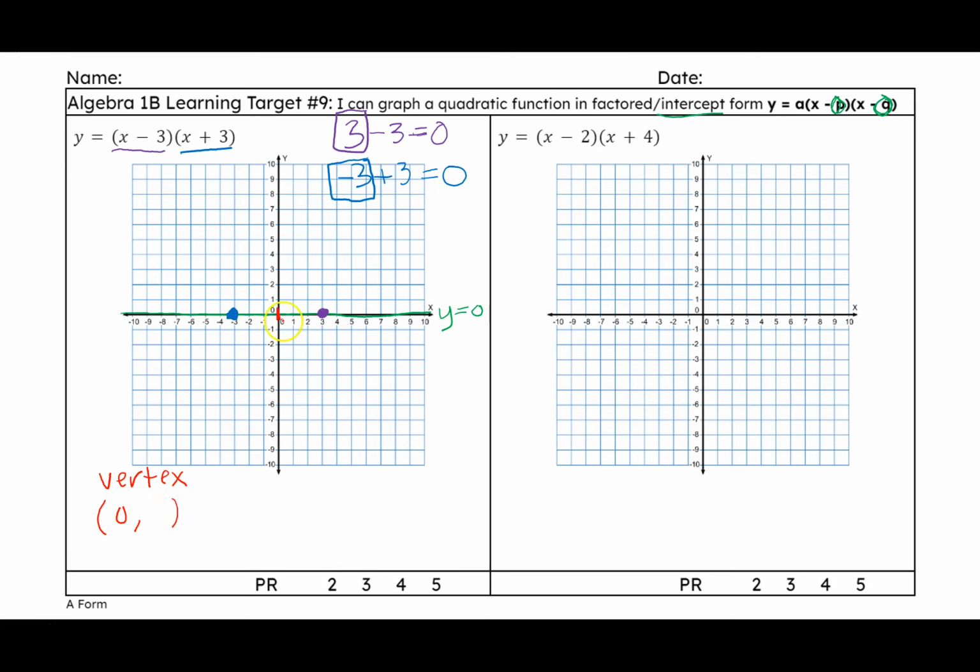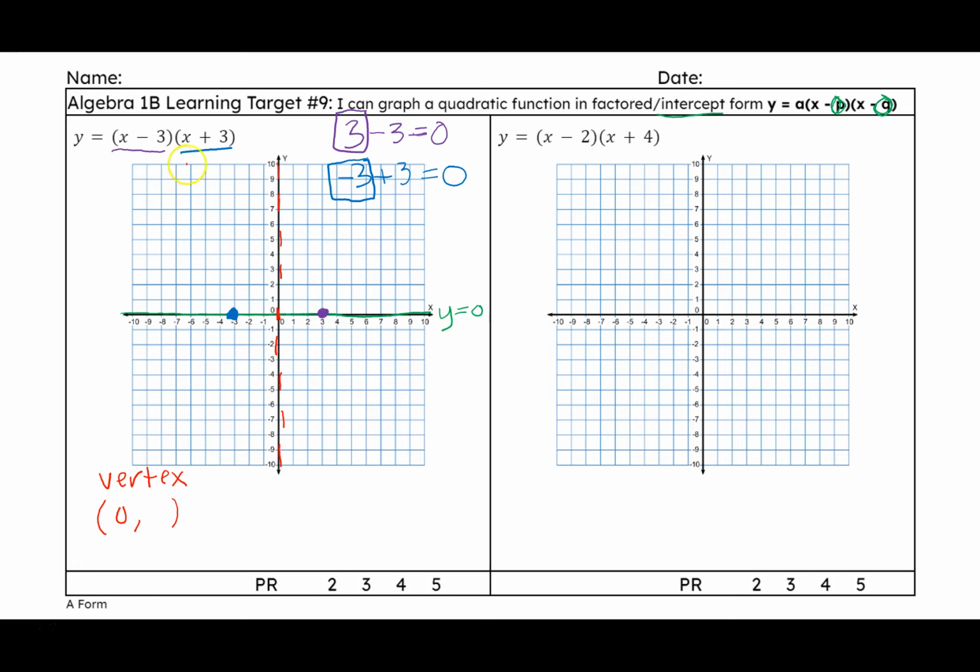But how far up and down is it going to be? This is going to be my mirror, which happens to also be the y-axis, but where on this mirror is that point? Is it way down here to make that U shape like this? Is it up here to make the U shape upside down? Is it really close to make it kind of flat? I've got to figure out where it is.